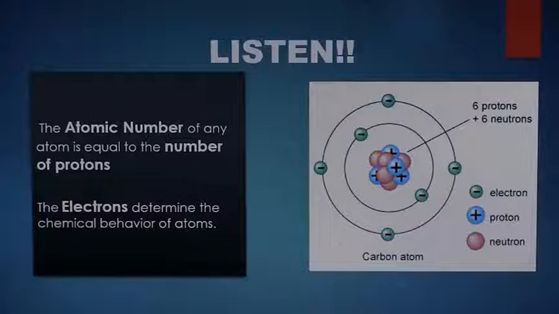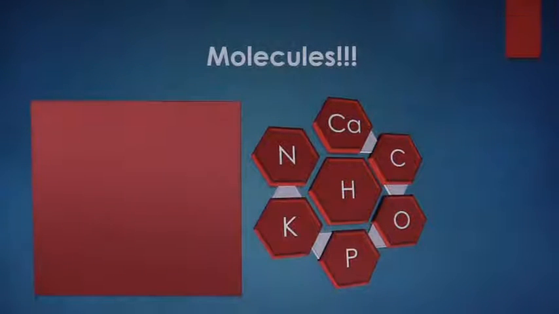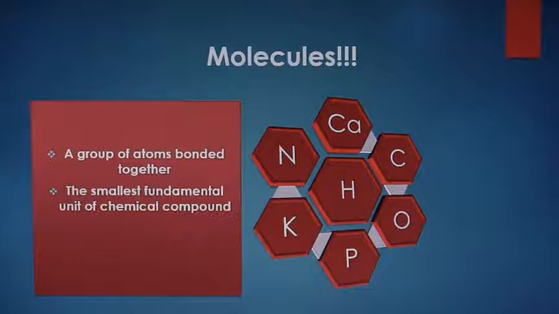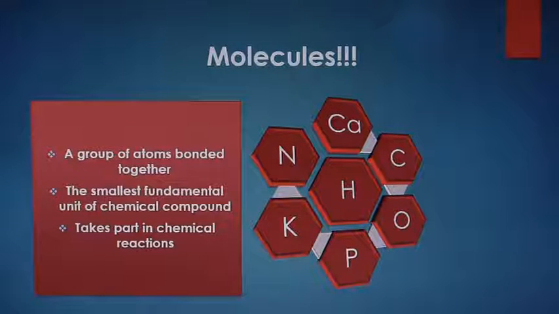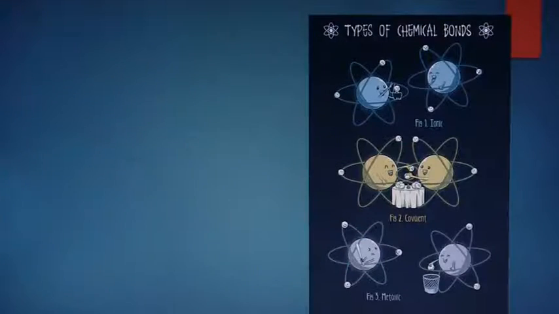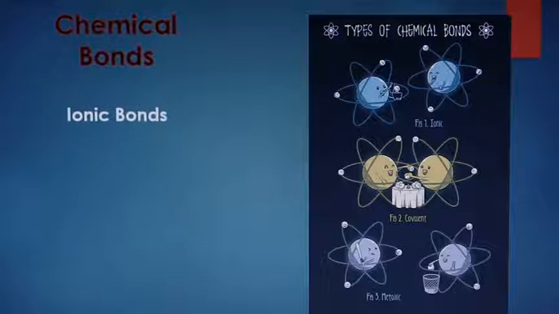Atoms are building blocks, and when more than one atom is bonded together, they form molecules. Molecules are groups of atoms bonded together and are the smallest component of a chemical compound. There are three major types of chemical bonds: ionic, covalent, and hydrogen bonds, all resulting from attractive forces between atoms.